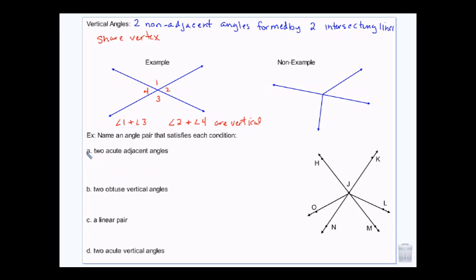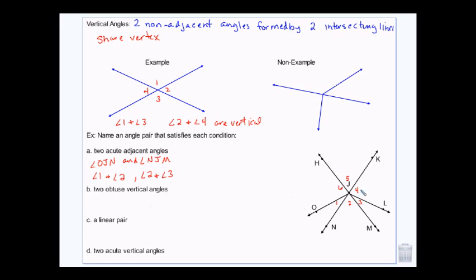So I could say angle OJN and NJM. I could come in and label these, and I could say angle 1 and angle 2, or angle 2 and angle 3.